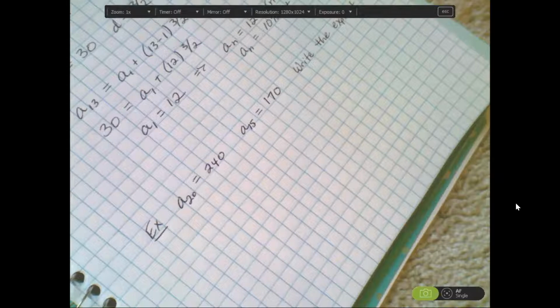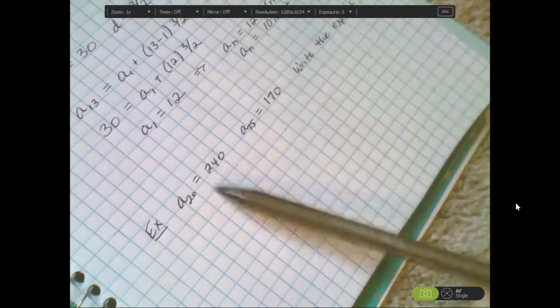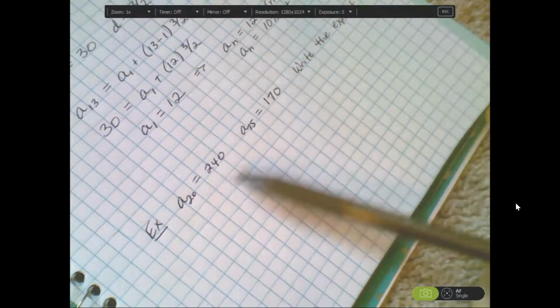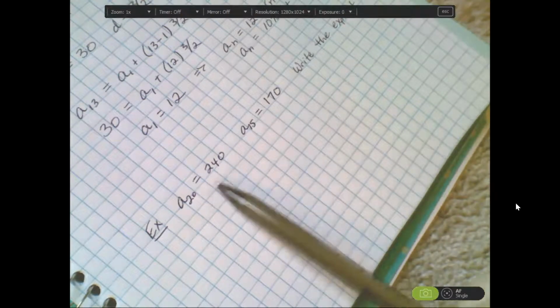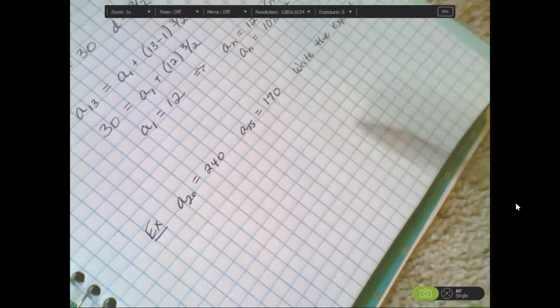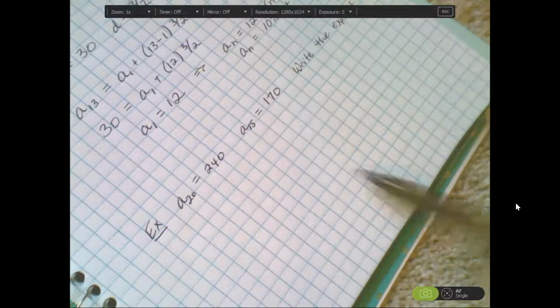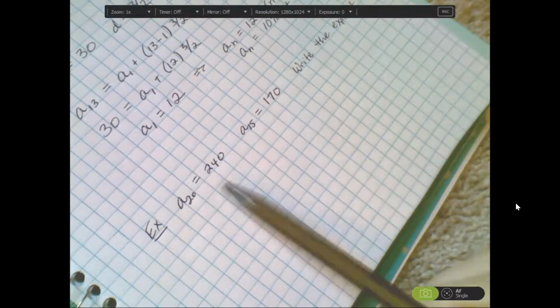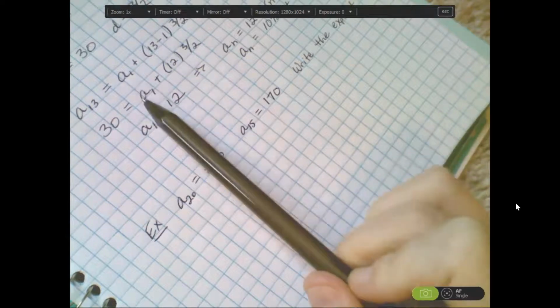So one thing that you can do is use each one of these to set up an equation or a partial rule. So I can set up a rule or an equation with this one, and then I can set up a different rule or equation with this guy and almost do it like a system of equations. So this is going to look very similar to what we did up here with these two.